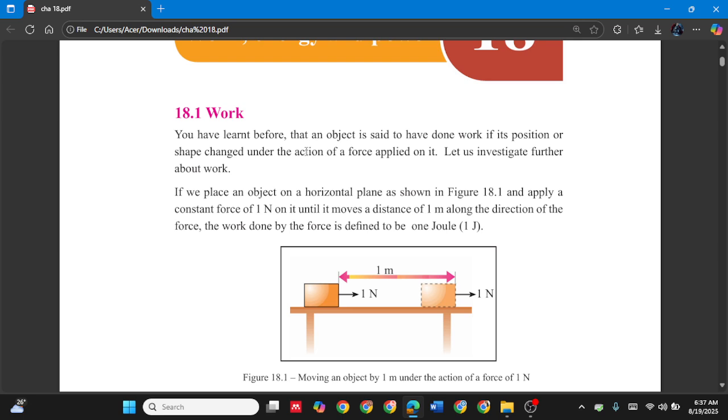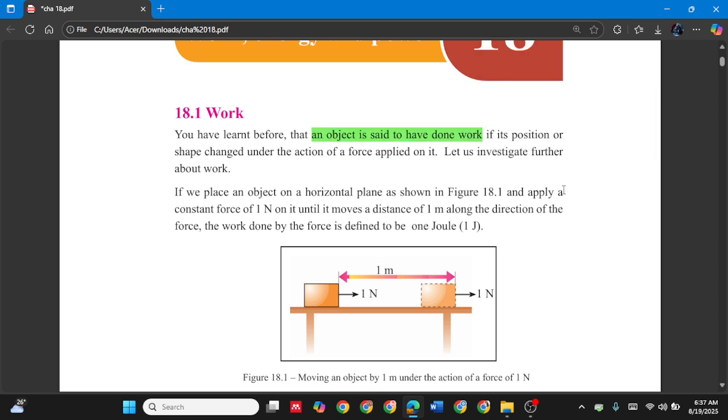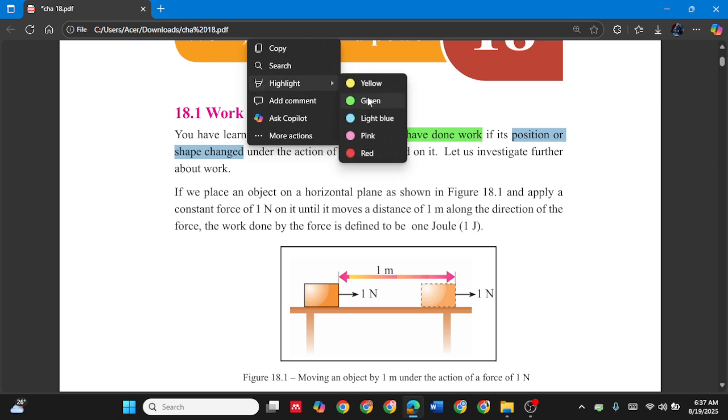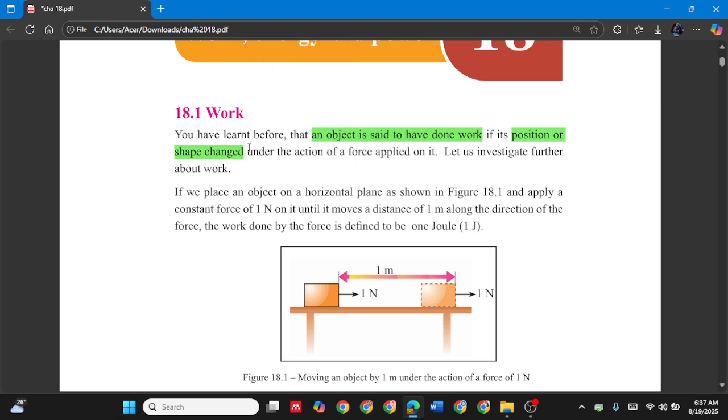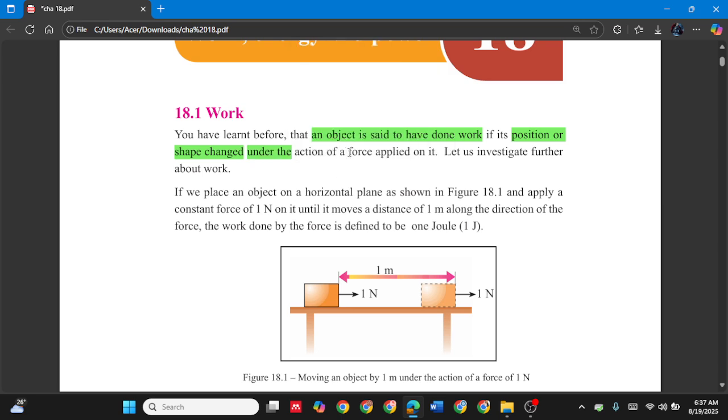So here in the first paragraph, an object is said to have done work if its position or shape changed under the force.